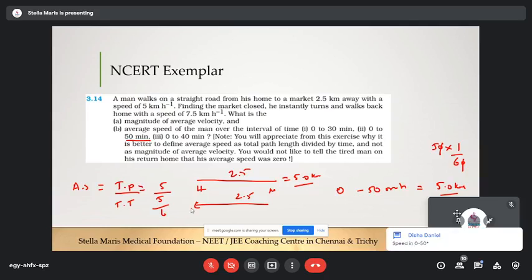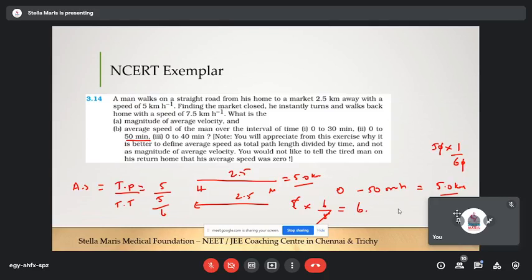So 5 divided by 5 by 6, that is 5 into 6 by 5. So average speed is 6 kilometers per hour.